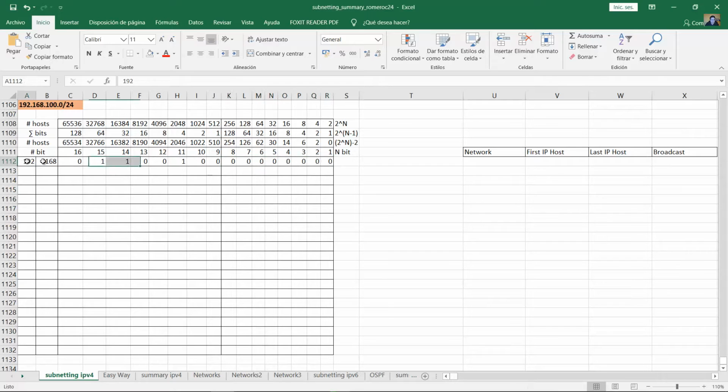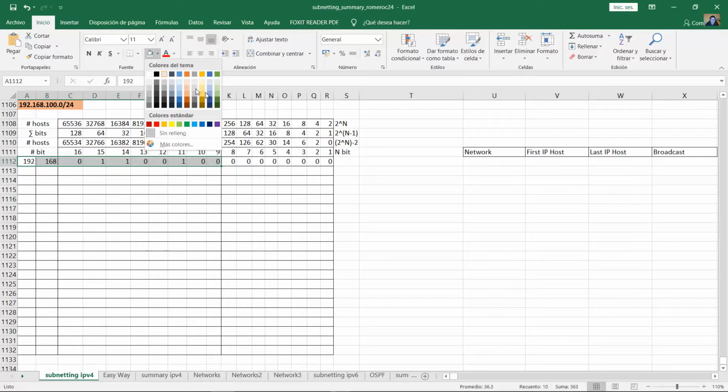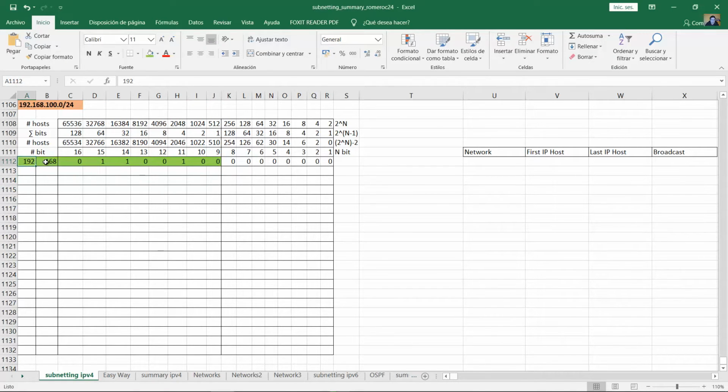This was 24, the original subnet mask: 8 bits, 16 bits, plus 8 bits, 24 bits. This is the original subnet mask.